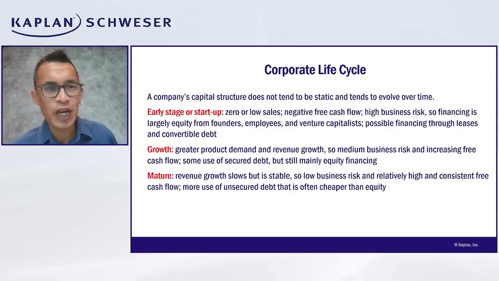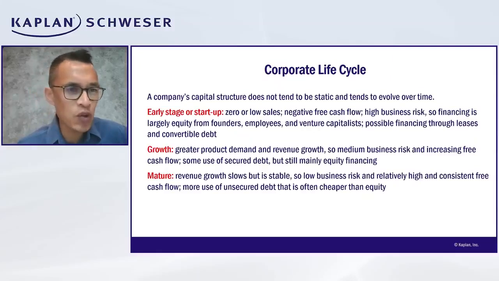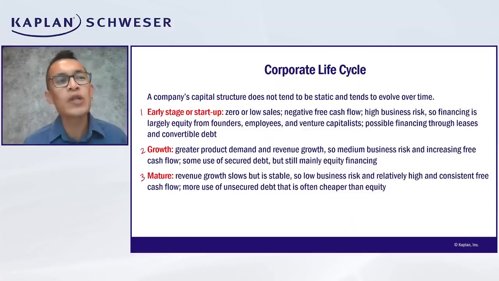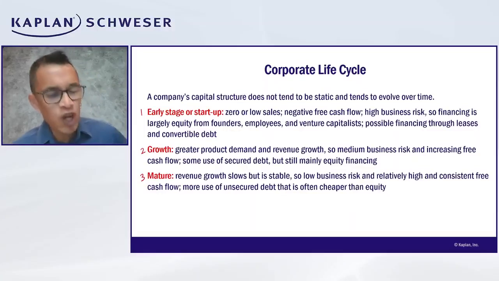So first, given a set of case facts, you need to determine which of the three broad life cycle stages is being described. So the first step here is knowing what they are, and then you need to be able to apply that and spot and recognize which stage. So based on the life cycle stage, then the next thing you need to do is match it with the most likely source of financing.